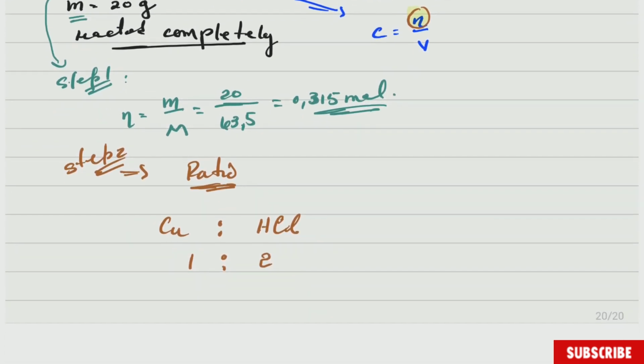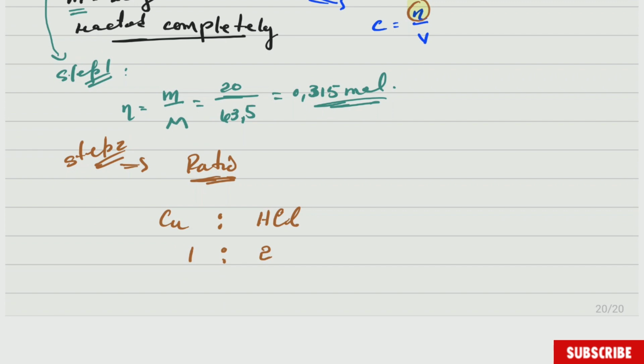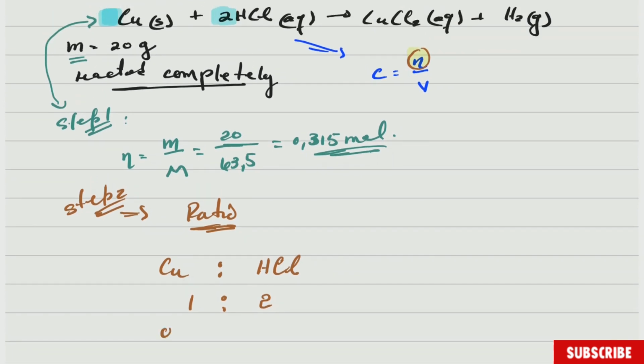What is the number of mole for copper? It is 0.315. Then how much will be the number of mole of hydrochloric acid? And you need to do cross product here. So the number of mole of hydrochloric acid will be equal to 2 times 0.315.